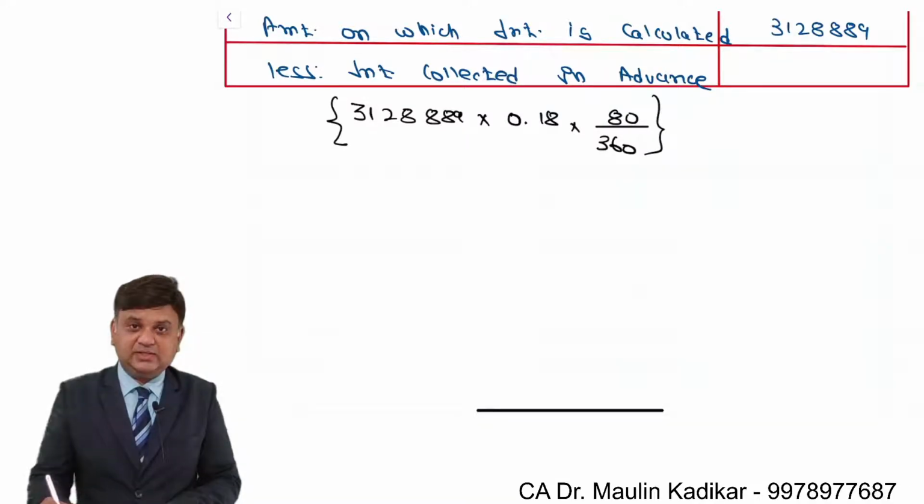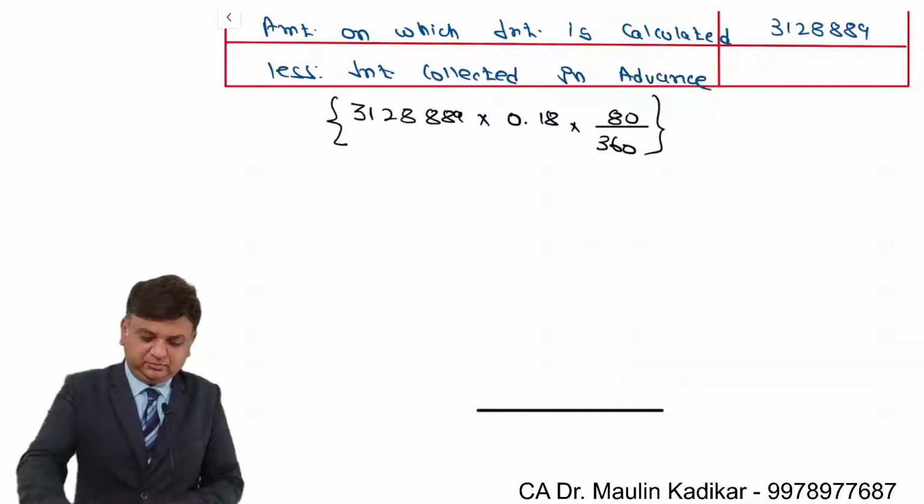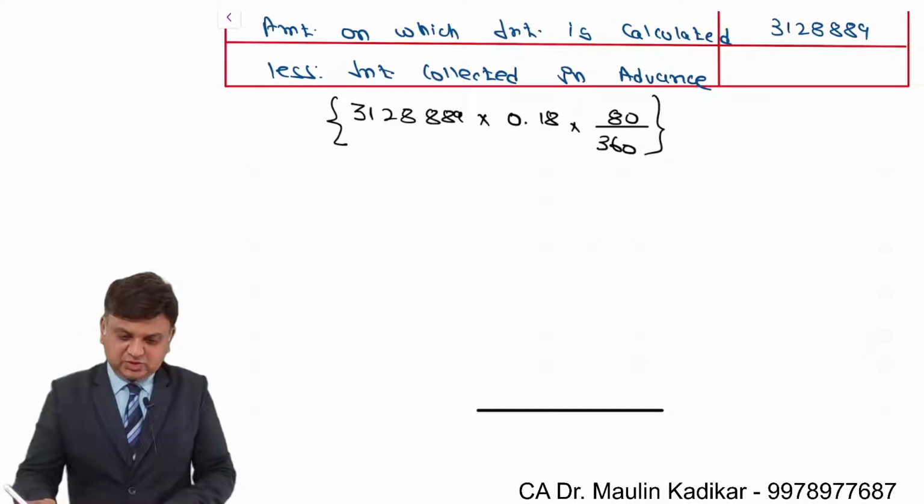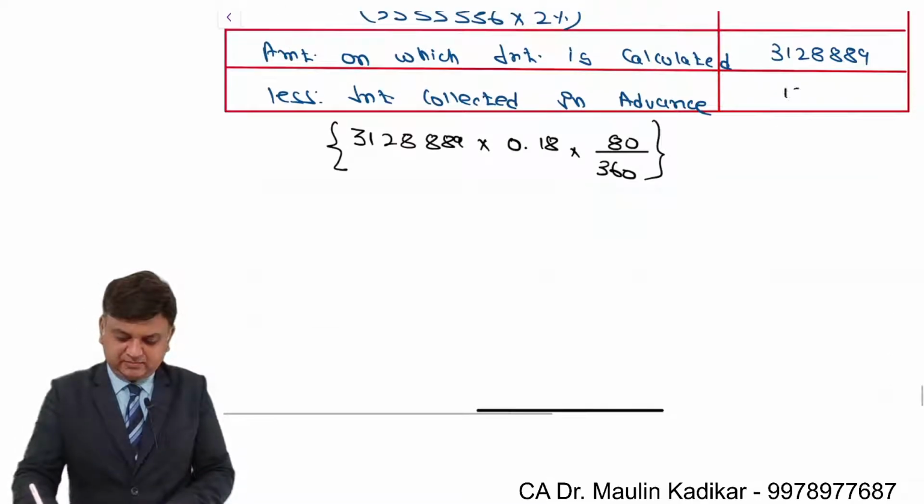That is where the interest is collected in advance. So into 0.18 into 80 divided by 360. 1,25,156.